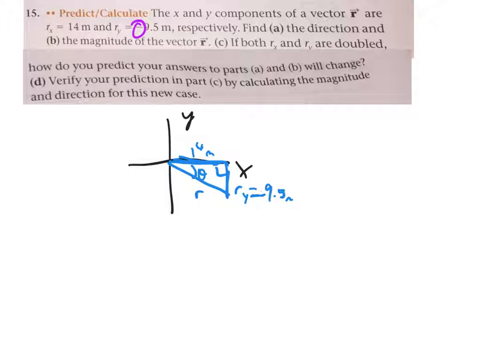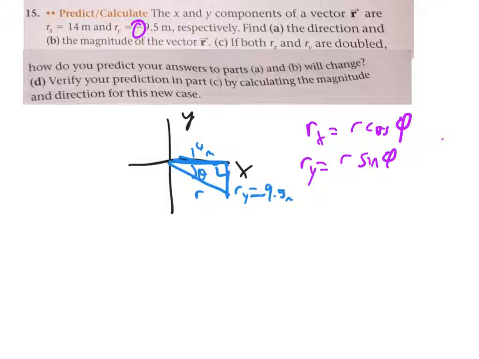An alternate formulation can be arranged where we don't have to build triangles and try and figure out which way the angles go and so on, and instead use that R_x is R cosine, I'm going to use the angle phi just to make it distinct, R_y equals R sine phi, and this works no matter where the vector points, which is kind of neat.